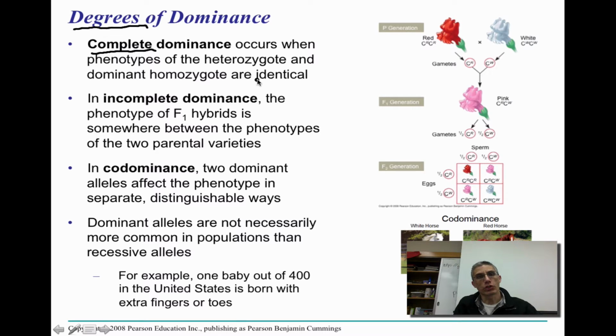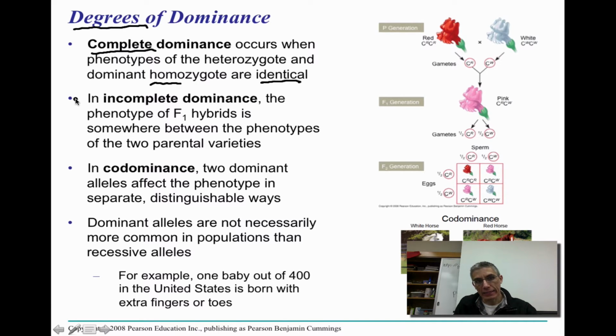The phenotype you're going to see in those organisms is identical. The dominant allele overshadows the recessive allele in the heterozygote condition, and of course we only see the dominant characteristic in the homozygote condition because both alleles are the same. So what you're going to see in the population phenotypically is exactly the same.